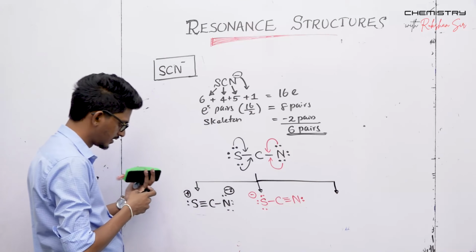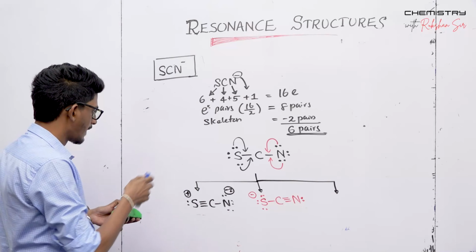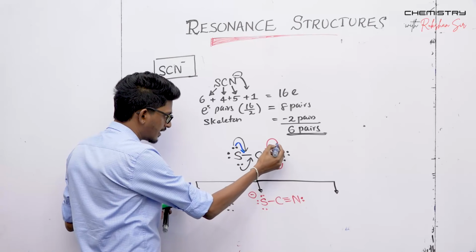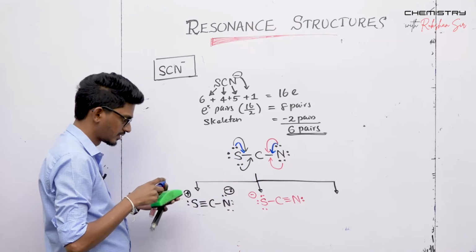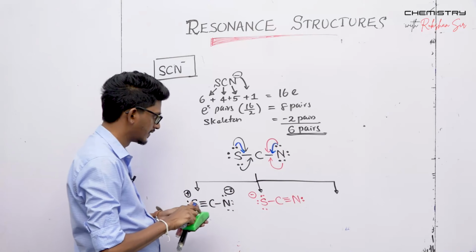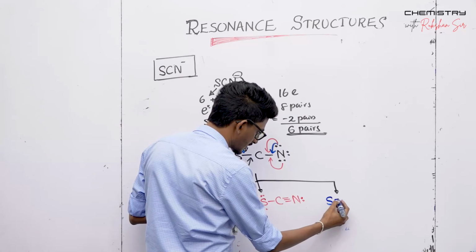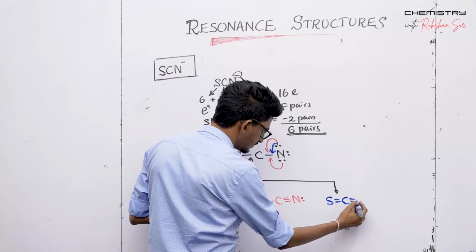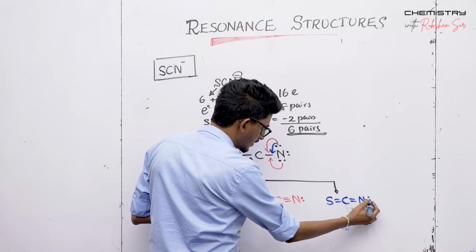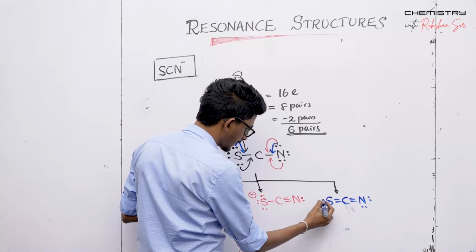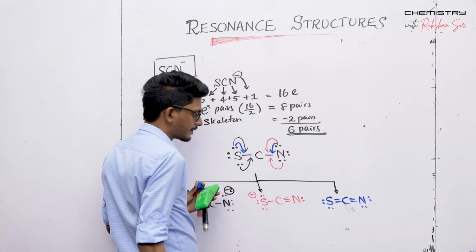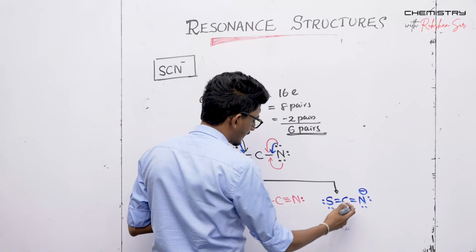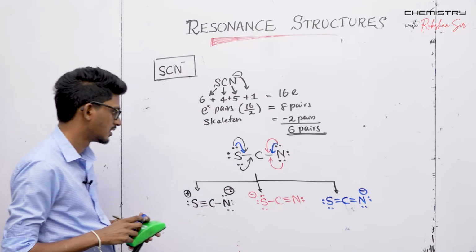And one can donate 1 pair each from sulfur and nitrogen towards the center, so that you will come up with this kind of structure. So when you allocate charges, you will have a minus charge here and the others are without charge.